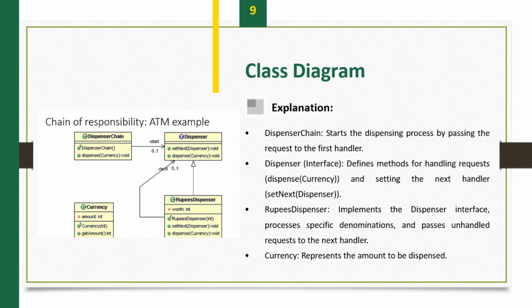This modular setup allows for easy changes and extension. If you need to add any denomination like 200 rupees or 300 rupees, you can simply add a new dispenser. By organizing the system this way, the chain of responsibility pattern ensures that the ATM can efficiently and flexibly handle any withdrawal request using the available denominations while keeping the code clean and modular.